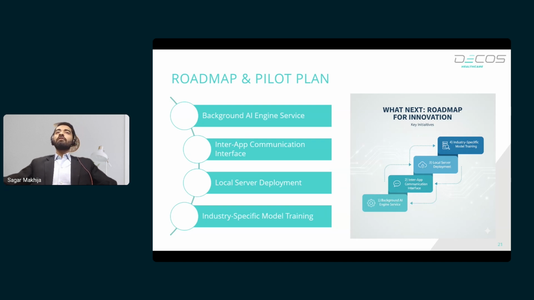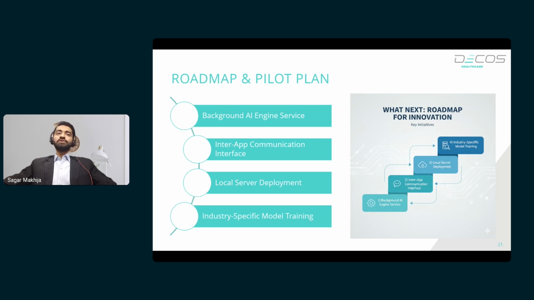Now the roadmap for how we will continue evolving our local AI ecosystem. First, a background AI engine service. The goal is to make the AI engine run in the background. This will improve the response time and reduce the response overhead. Second, an inter-app communication interface. We plan to expose a common interface so multiple apps on the same device can share the AI engine.